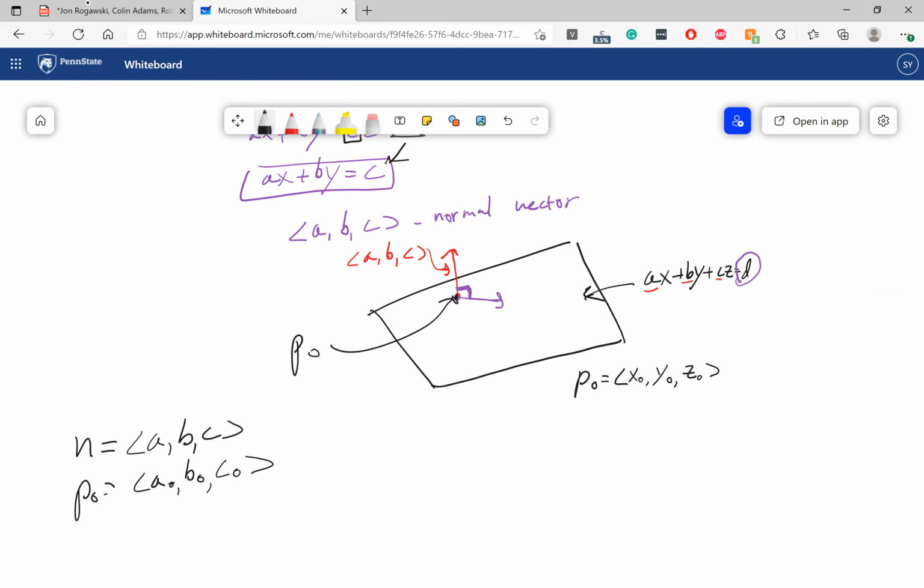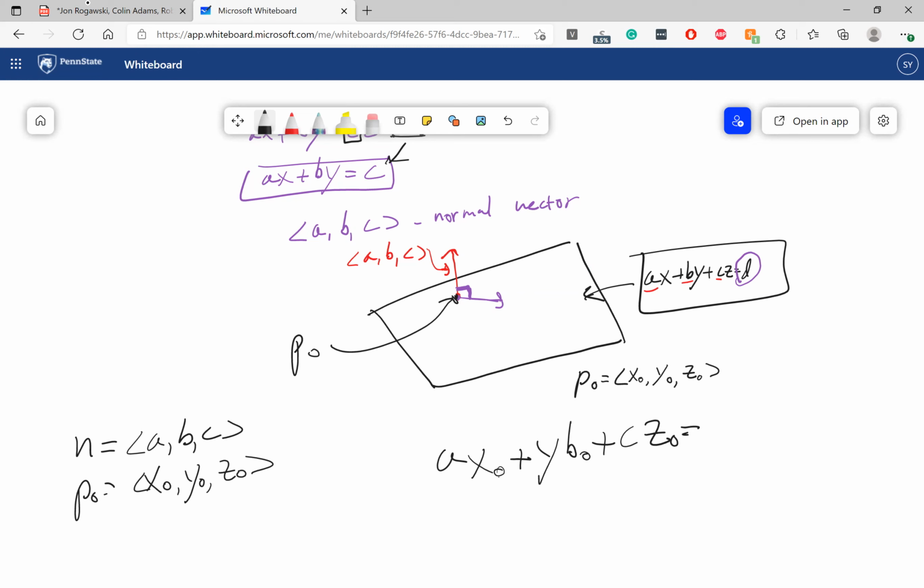Then you can write this equation: A times x0 plus B times y0 plus C times z0 is equal to D. And that will tell you what your D is.